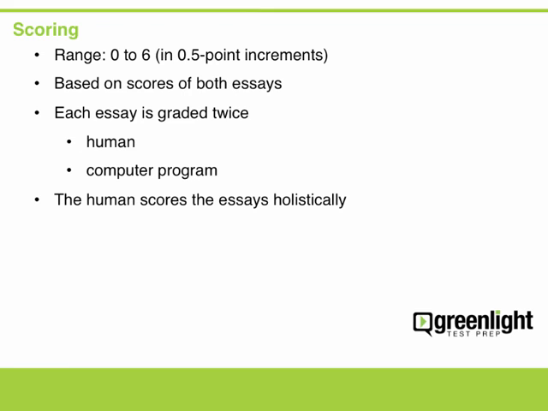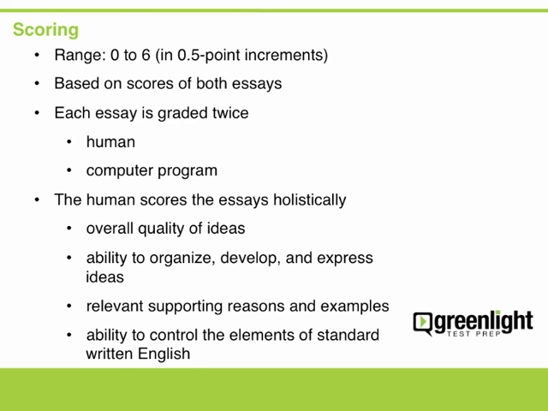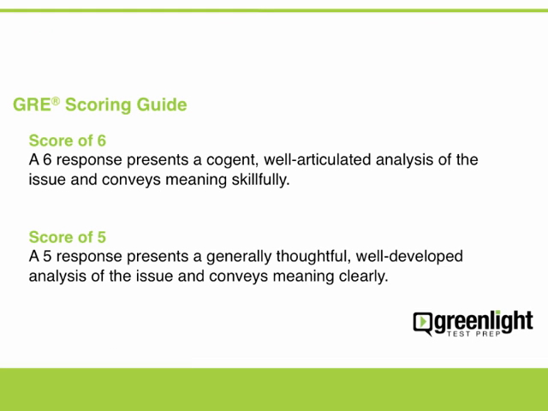Instead, the reader uses a scoring guide to help rate the overall quality of ideas presented, the overall ability to organize, develop, and express those ideas, the relevant supporting reasons and examples used, and the ability to control the elements of standard written English. To see how this holistic scoring works, let's examine part of the GRE Scoring Guide for the issue essay.